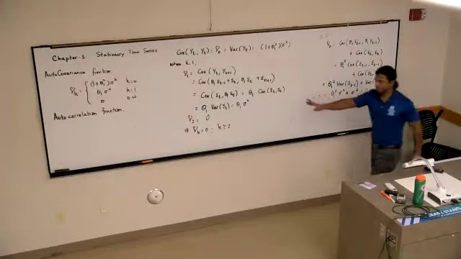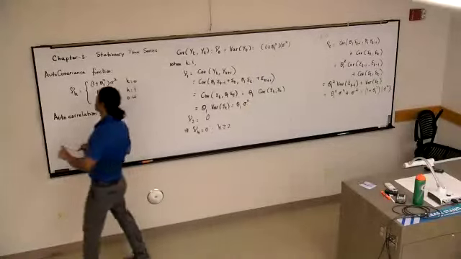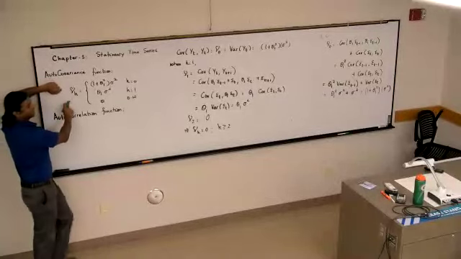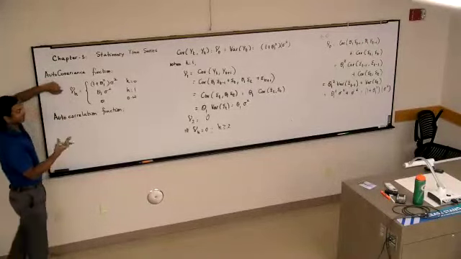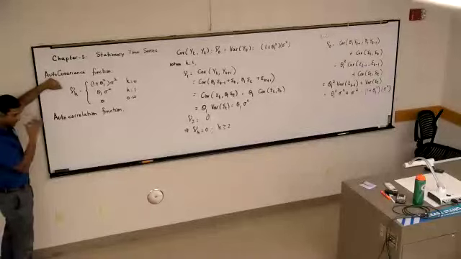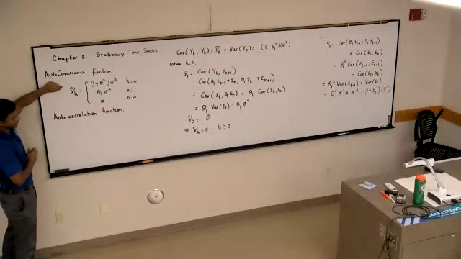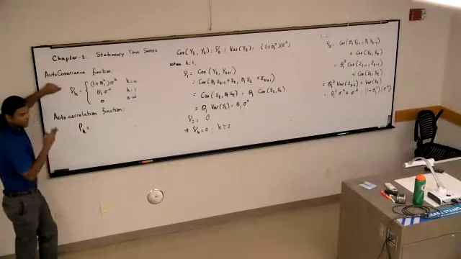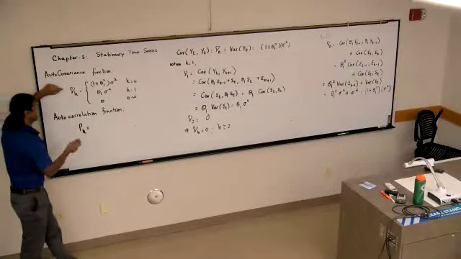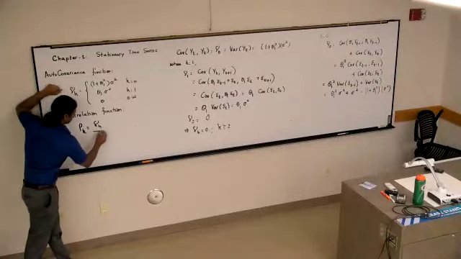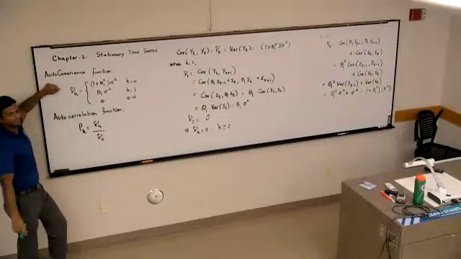If you recall, we said just because the covariance is large doesn't imply that you have a strong relationship, right? That's something we addressed when we were talking about covariance, which is why we did correlation. The autocorrelation function is simply the autocovariance function divided by the variance.